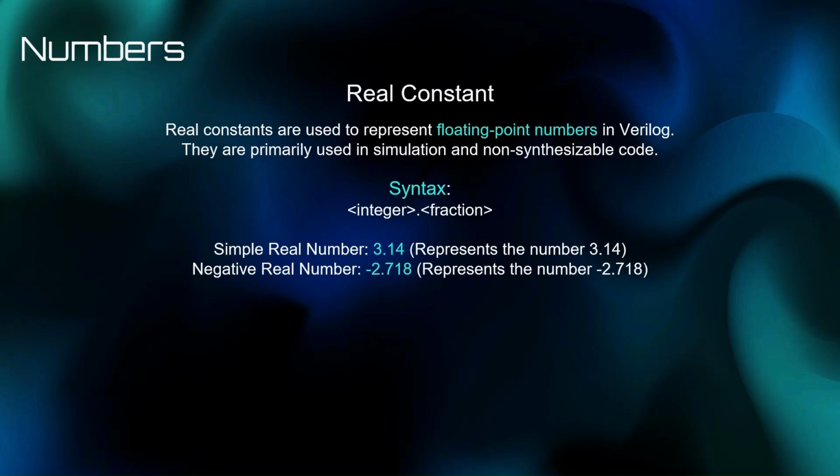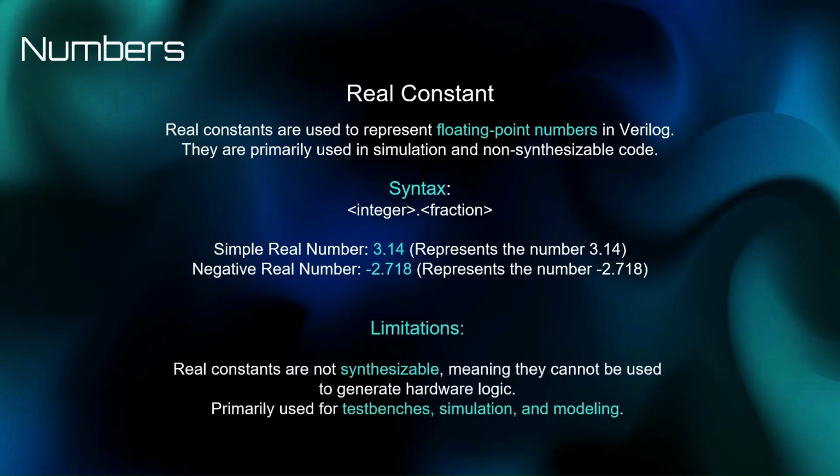For a negative real number, take minus 2.718, where minus 2 is the integer part and 0.718 signifies the fractional part, representing the mathematical constant e. It's important to note that while real constants are invaluable for simulations and test benches, they are not synthesizable. This means they cannot be used directly to generate hardware logic.